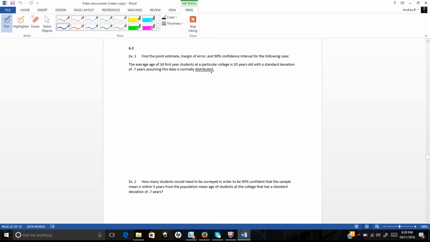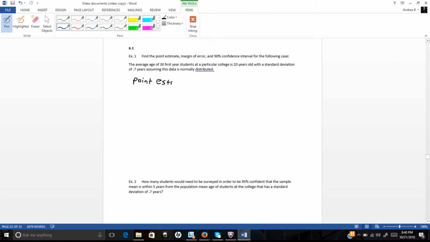So first of all, if we're talking about our point estimate here, what we're really talking about is how we're estimating the population mean in this case, because here we're talking about an average. Remember, another name for the average is our mean.